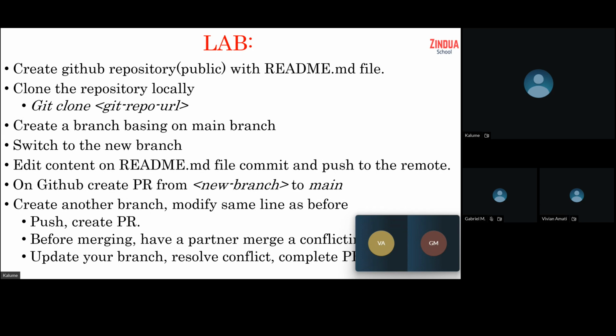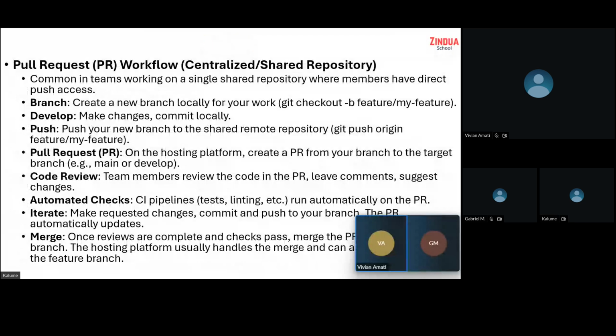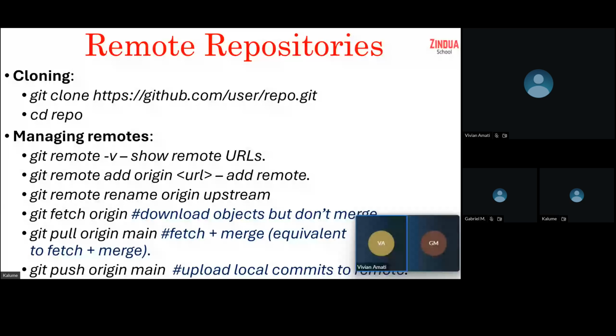Git checkout minus b, then the new branch.